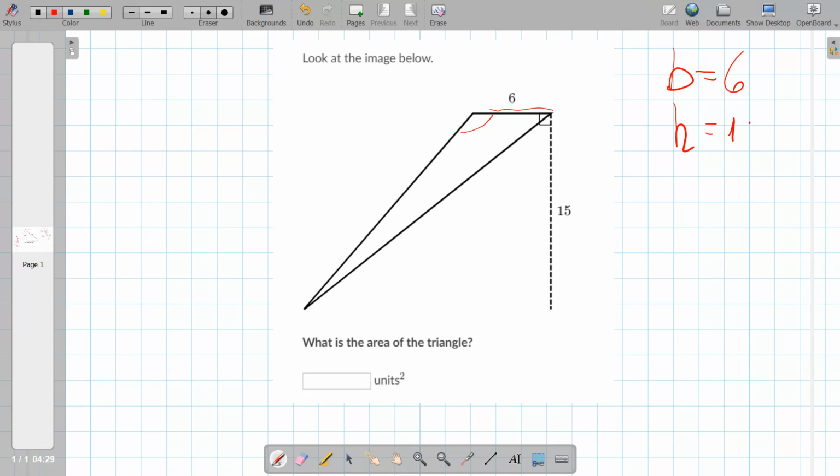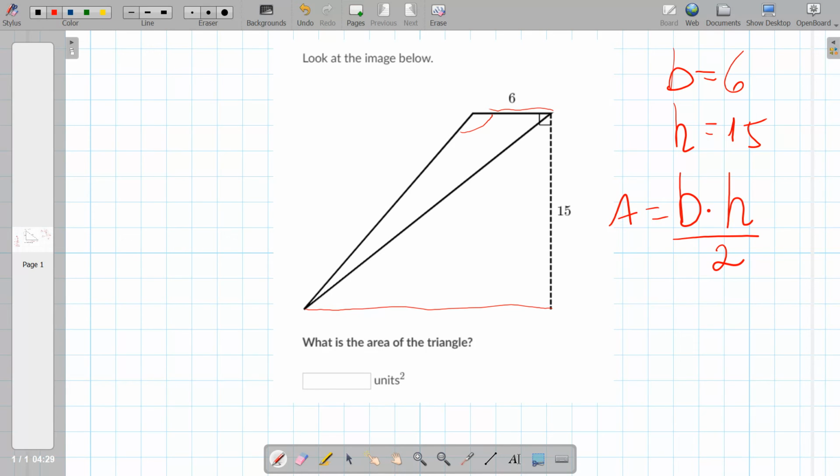The height is the line that goes perpendicular to the base up to the highest point of the triangle, okay, which is here.